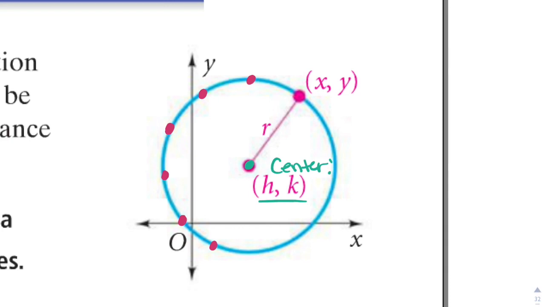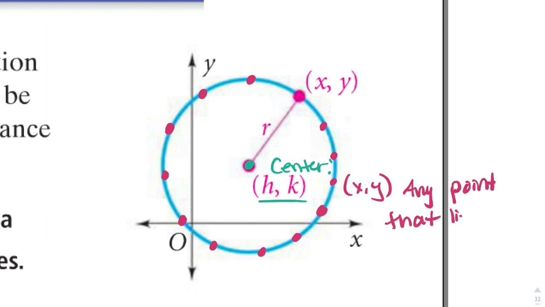Any of these that I'm labeling out here can be any number, but we're going to call it x comma y. So x comma y is any point that lies on the edge of the circle.